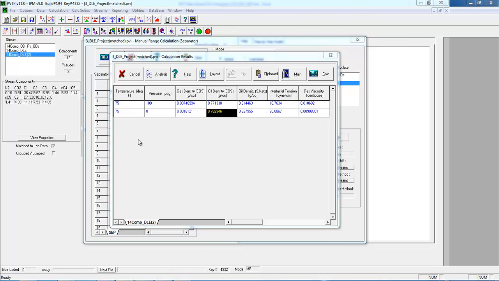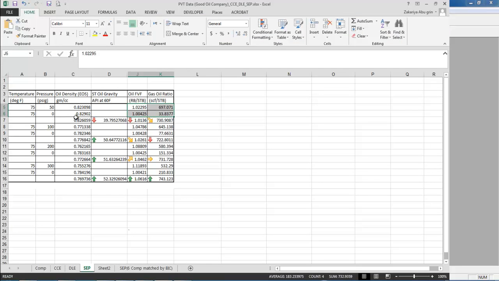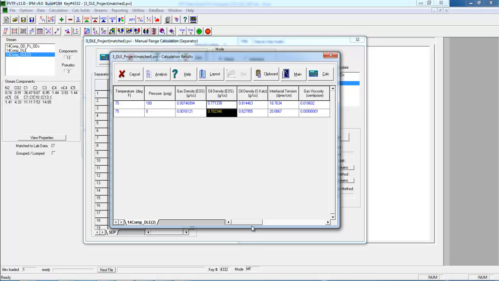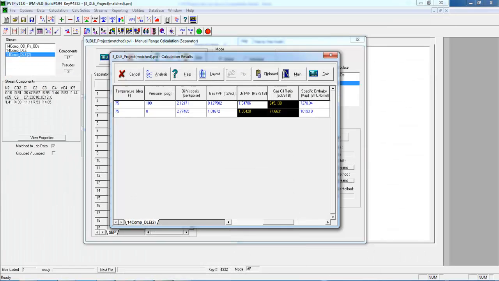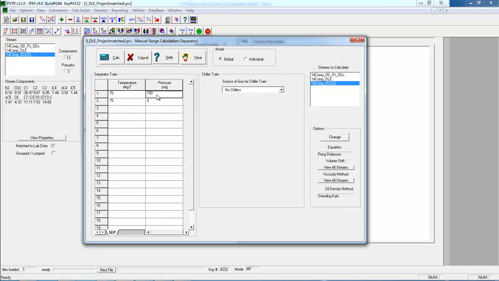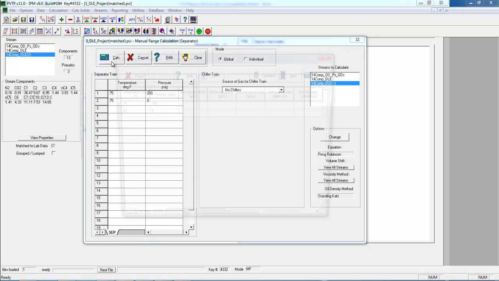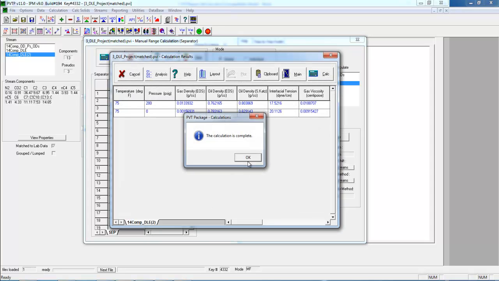So in this second stage, now we are in 200.